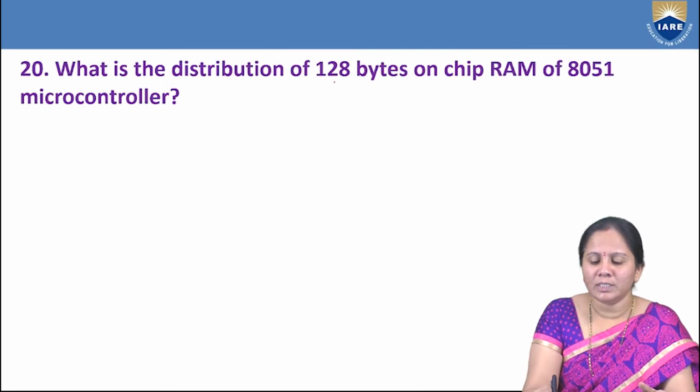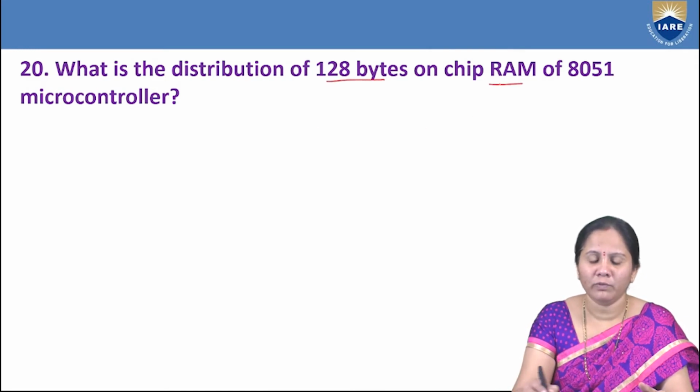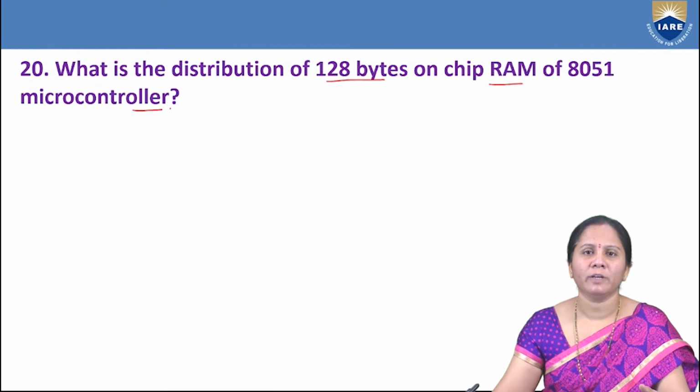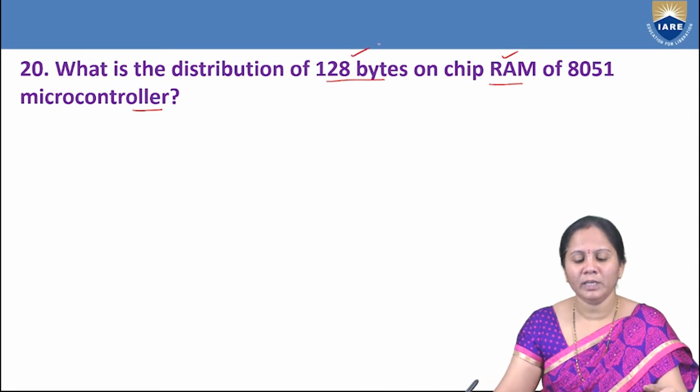Now, what is the distribution of 128 bytes of on-chip RAM of 8051 microcontroller? That means the on-chip RAM size that is available is 128 bytes.